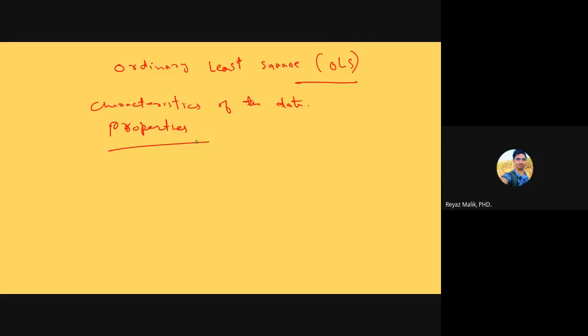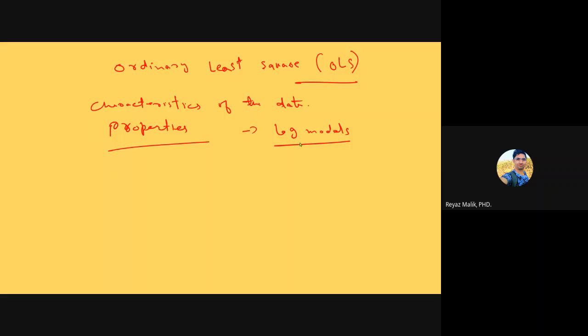The selection of the model depends upon the characteristics or properties of the data we have available. Sometimes we use linear, sometimes we use log models also. Those log models also depend upon the requirement of the data. Fine, let us stop it here.